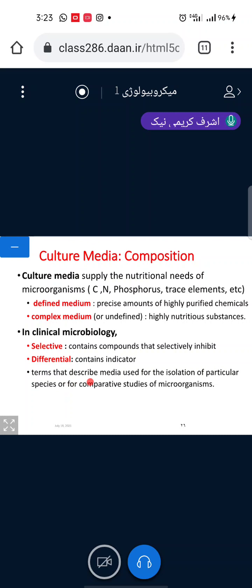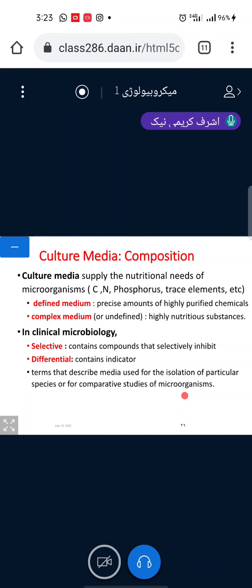These are terms that describe media used for isolation of particular species or for comparative studies of microorganisms. For example, a general differential media is EMB, eosin methylene blue agar.